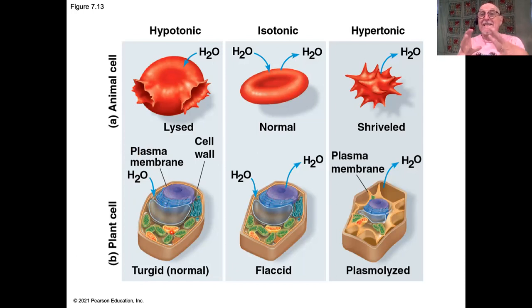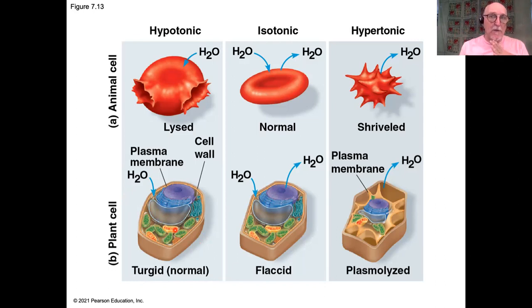And the resulting pressure inside the cell, as the cell swells, is called the turgor pressure. The turgor pressure presses the cell up against the cell wall until the turgor pressure equals the osmotic pressure. In other words, the impetus for molecules to move in through osmotic pressure is counterbalanced by the turgor pressure pushing back. And at that stage, equilibrium is reached. The cell is placed under pressure. That is true, but that doesn't really affect the functioning of the cell.